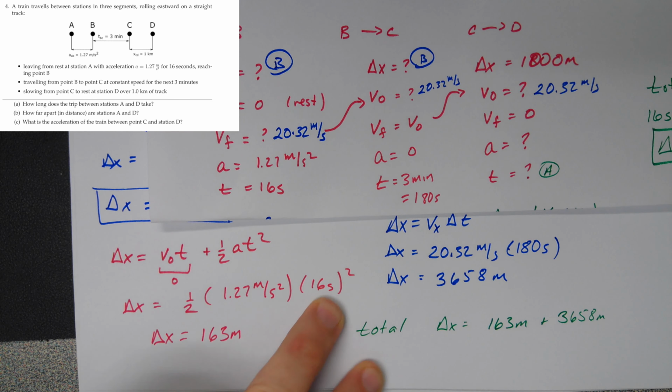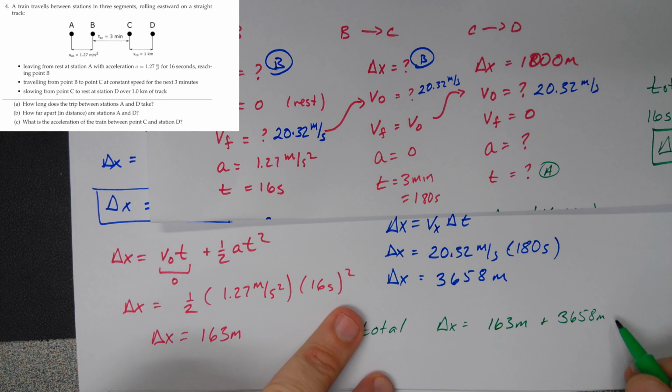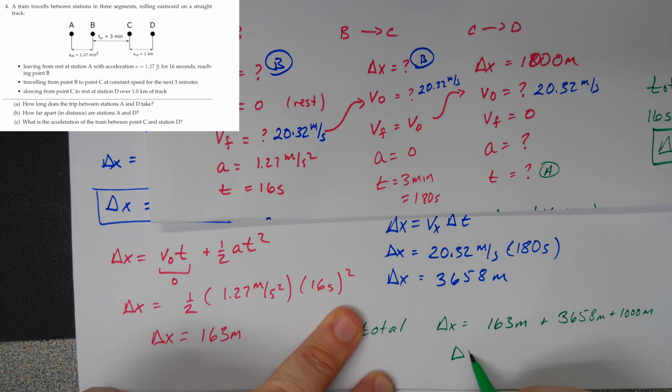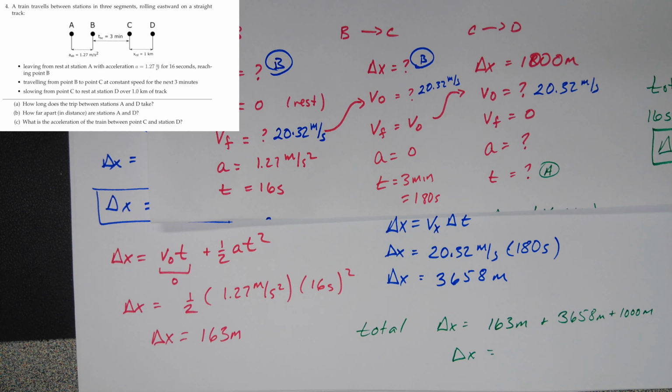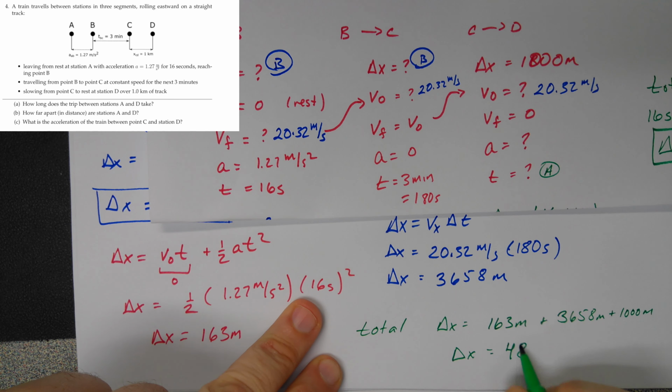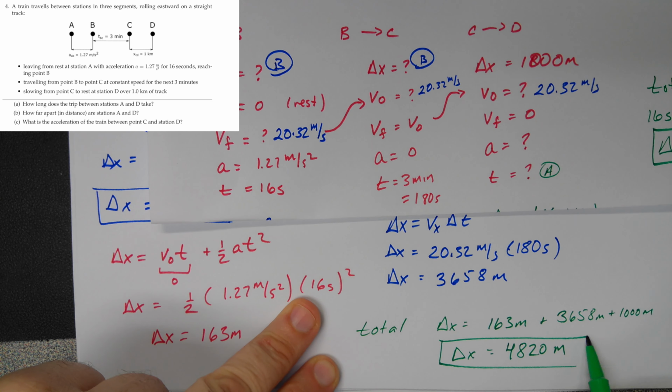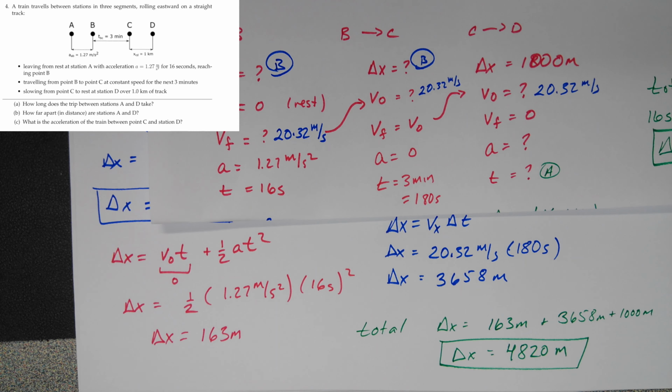And from C to D, that's given in the problem, is 1,000 meters. So delta x will be, we add 163 and we add 1,000. Now we think about sig figs, 4,820 meters. All right, I get a 0.6 that I don't care about. It rounds to 4,820 meters.